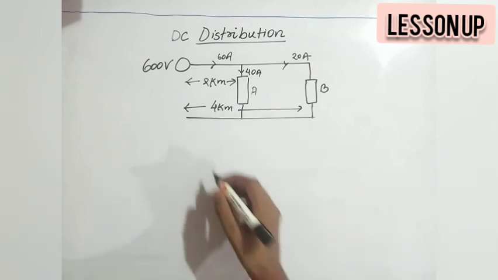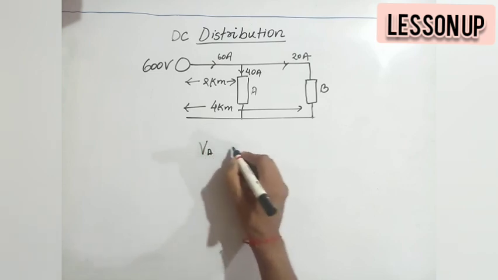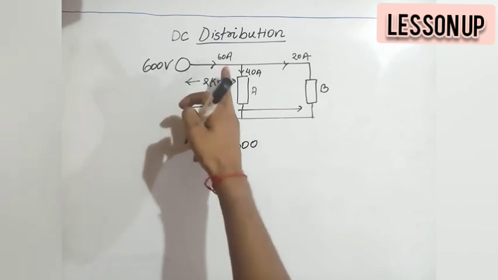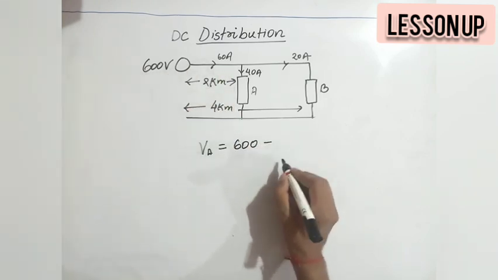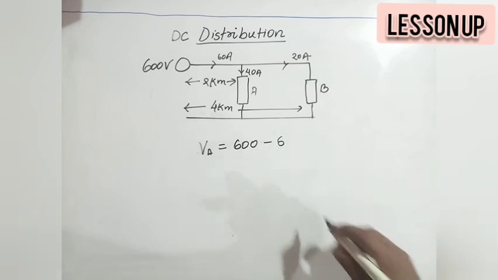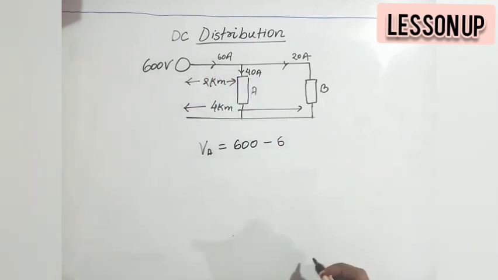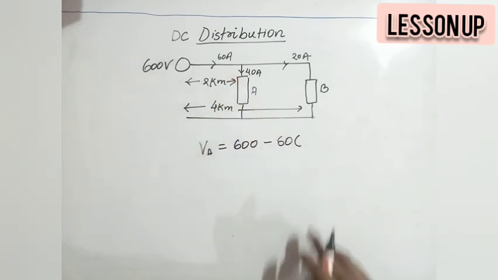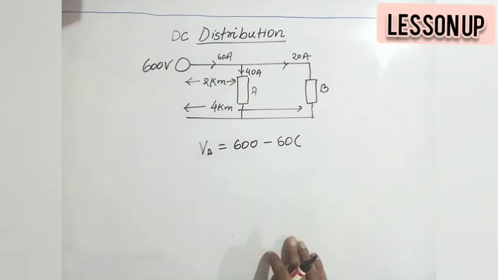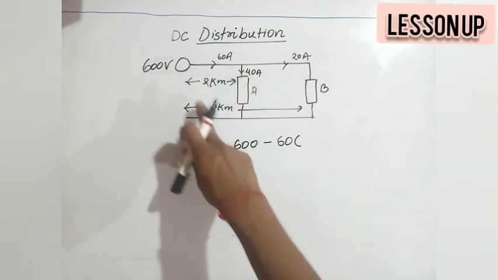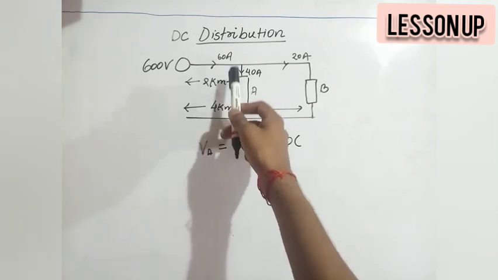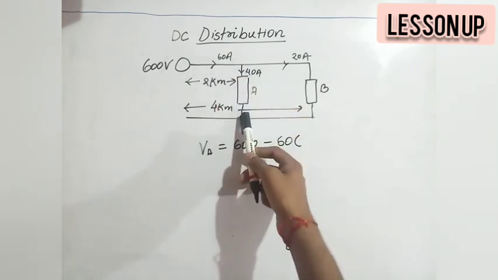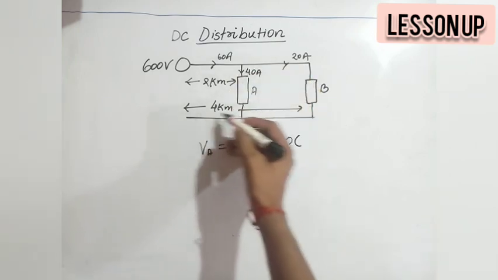To find VA, which will be equal to 600, that is the supply voltage, minus the voltage drop. So what will be the voltage drop? It is current into resistance. 60 ampere is the current which is coming towards A. This section is the trolley wire and this is the track.